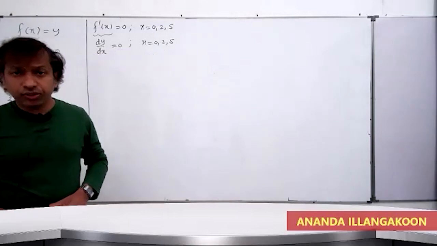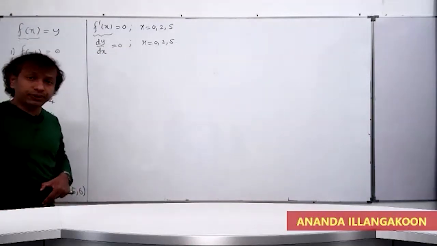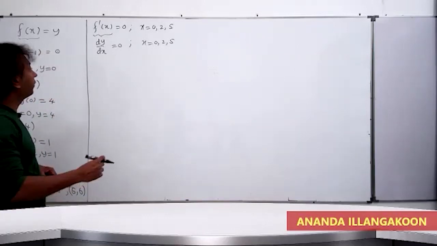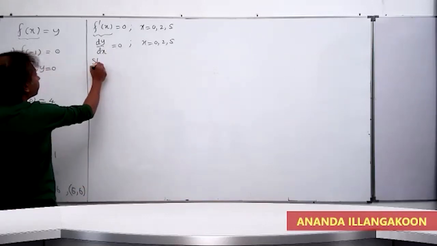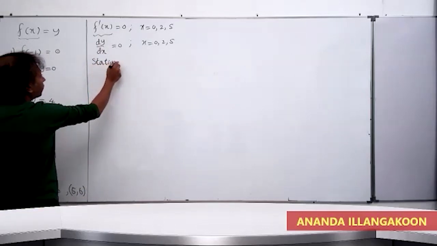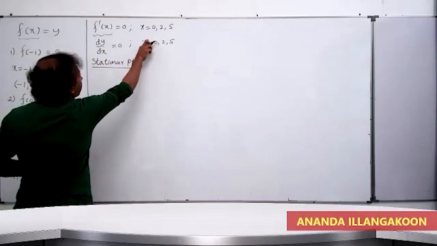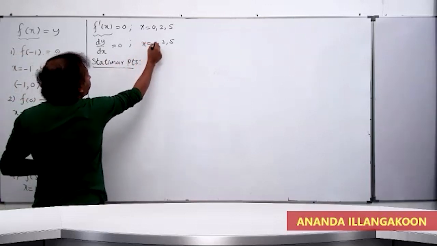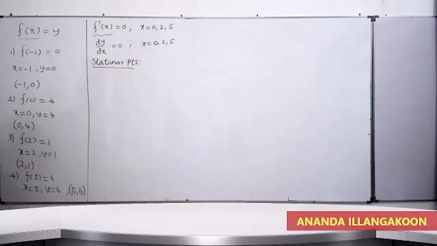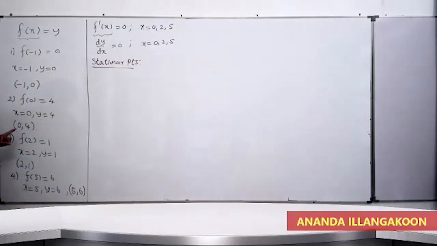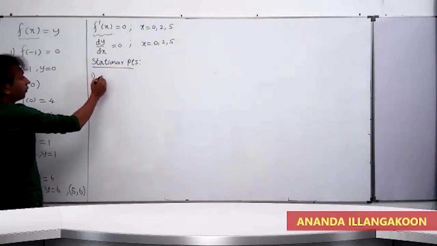That means dy by dx 0 means what, people? Stationary points. Right? Stationary points. Therefore, you can write stationary points at x equals 0. Here, at x equals 0, dy by dx is 0. But we have found at x equals 0, y is 4. Therefore, the first stationary point is (0, 4).